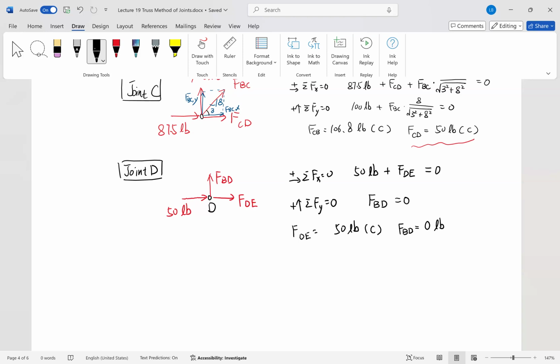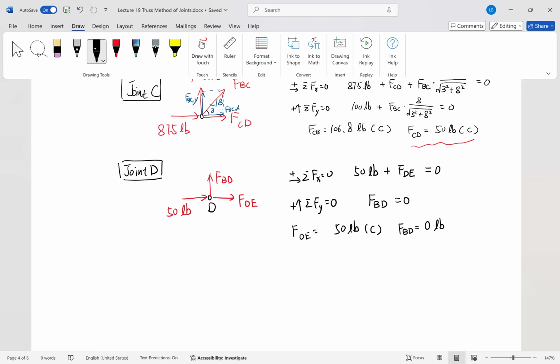Since the two forces are collinear, they can only cancel out the force that is on the line. Now I have the third force here, with no other forces on D. That means if my force BD is non-zero, there's nothing else that can cancel it out.